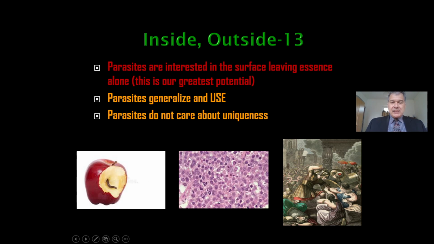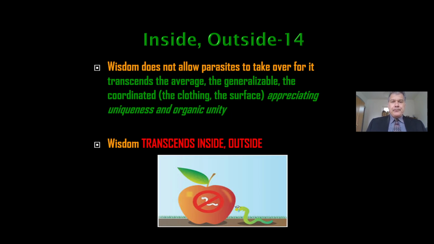Parasites see things as uniform. They see assets. They see things to use. And whoever is interested in assets and things to use, they tend to be parasites. Wisdom, however, prevents you from being exploited. Wisdom prevents you from being used.